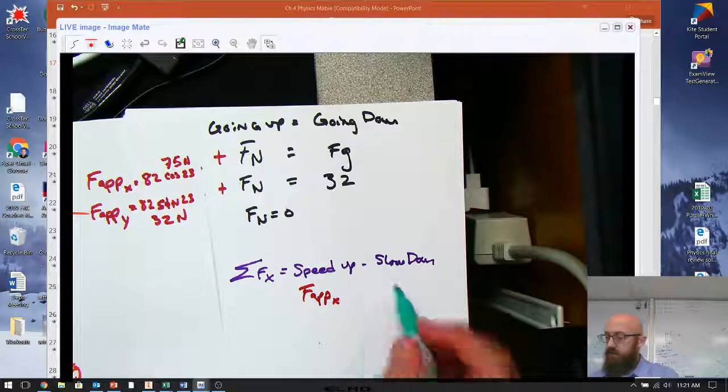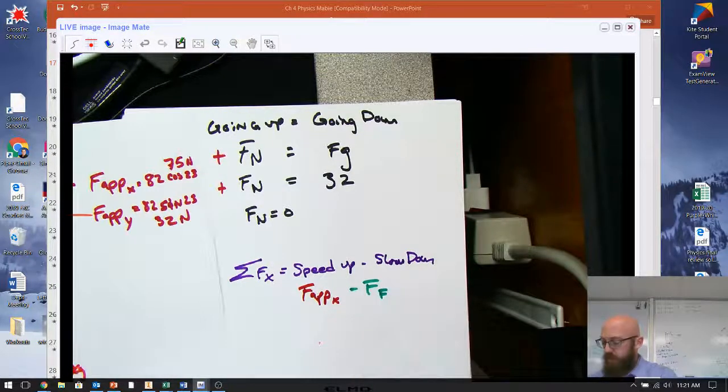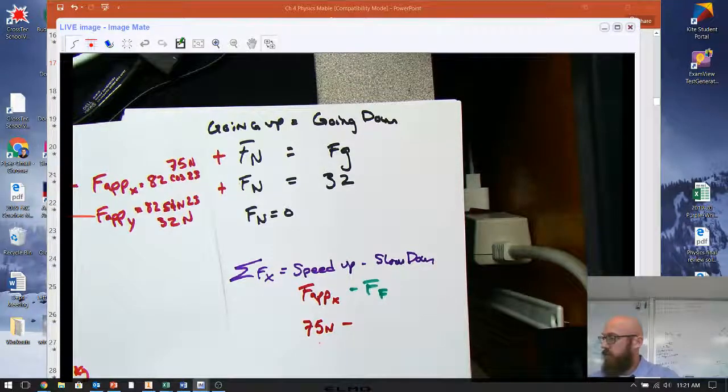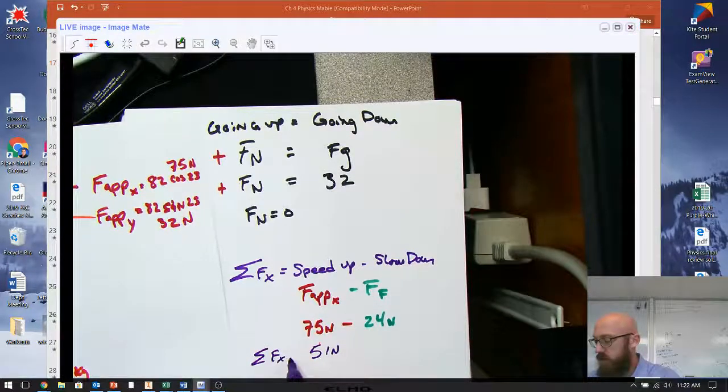What's slowing us down? Force due to friction. So force applied in the x, we said was 75 newtons, minus our F of F, which was given to us in the problem, 24 newtons. 75 minus 24 is 51 newtons. The sum of the forces in the x direction is 51 newtons.